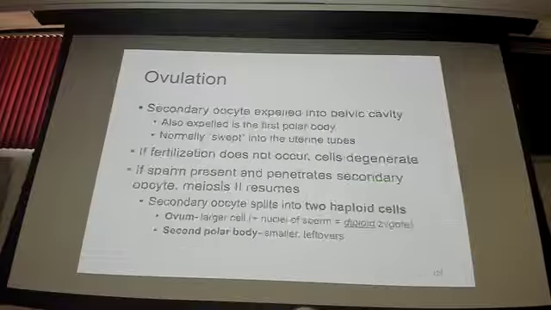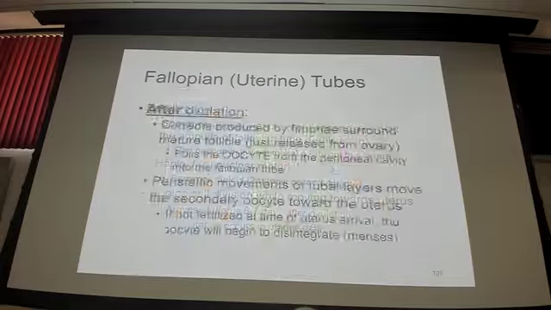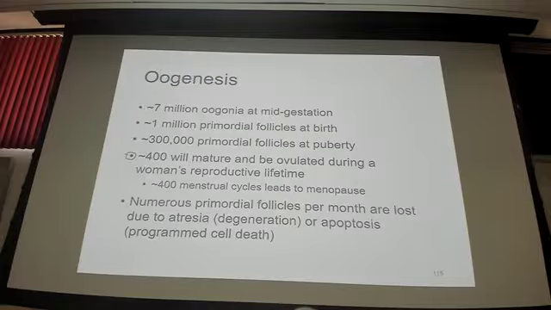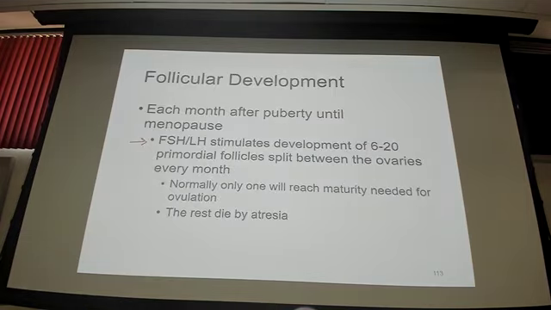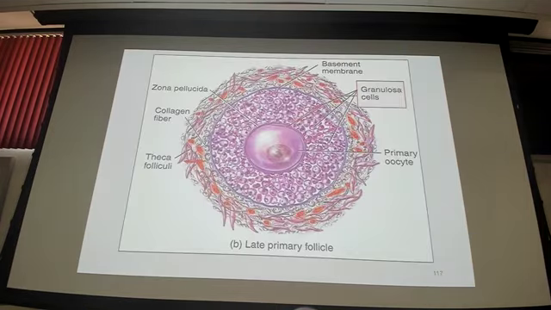Where are we talking about? What slide number? Well, that's the primordial follicle, so we don't have a theca folliculi there. So between primary and secondary, the granulosa cells are not part of the theca folliculi.